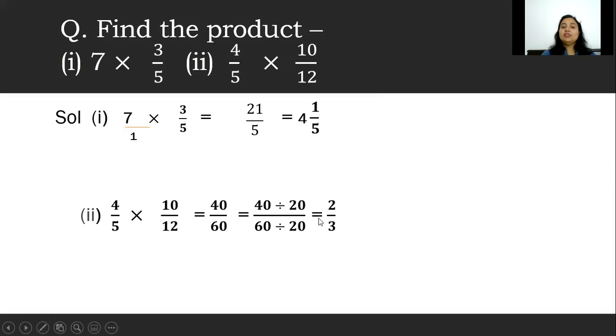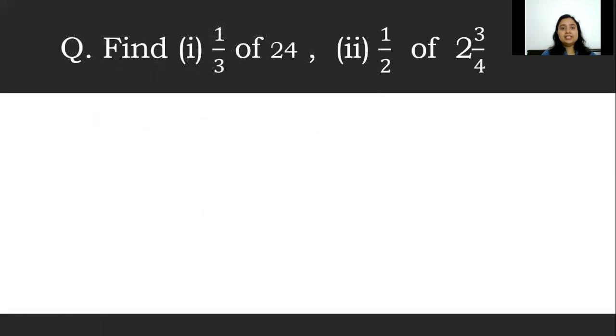So with the help of HCF, as I said, we'll get the reduced form in one go. Okay, it's done. Now see the next kind of products that we find in 'of' kind of questions, right? How many of you are scared of this? I am not, and you will also not be.